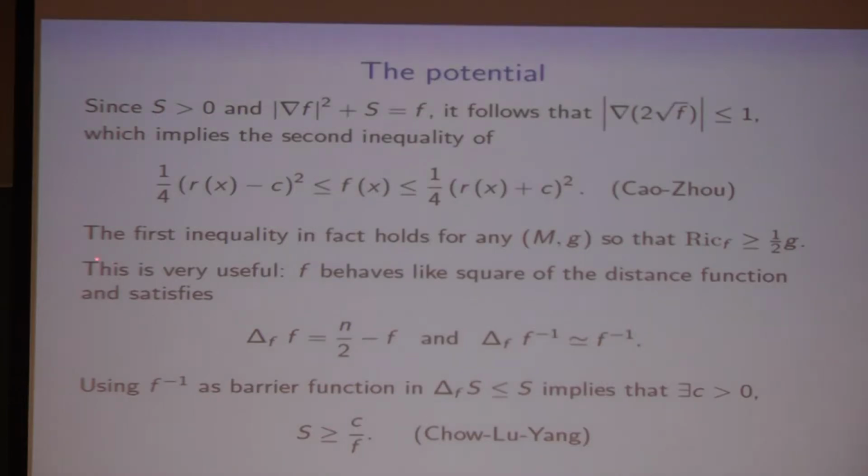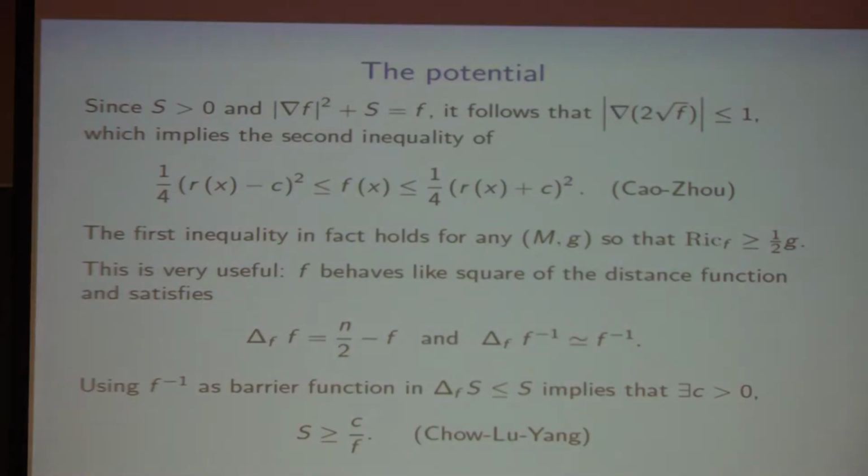So as mentioned before, it's kind of an interesting result that the lower bound does not require a soliton. It just requires a Ricci lower bound. So perhaps it's not really obvious, but it's true.